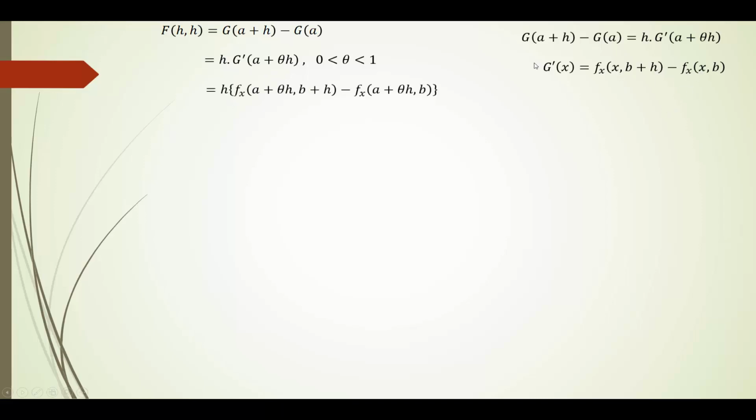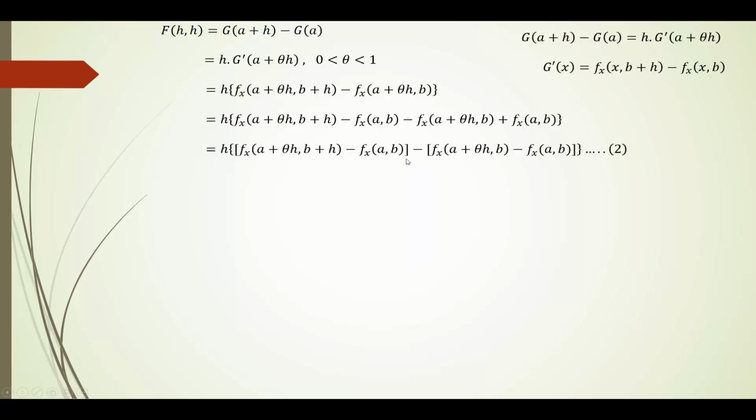So this is equal to h[fx(a+θh, b+h) − fx(a+θh, b)]. Now add and subtract fx(a, b). Combining the first two terms in one bracket and the next two in another, we get h{[fx(a+θh, b+h) − fx(a, b)] − [fx(a+θh, b) − fx(a, b)]}. Denote this as equation number 2.